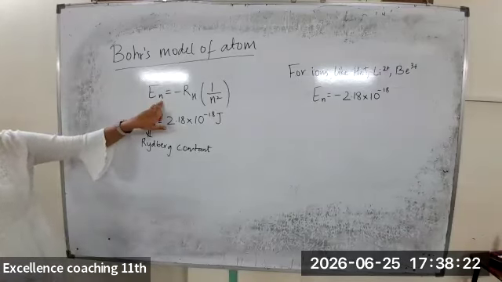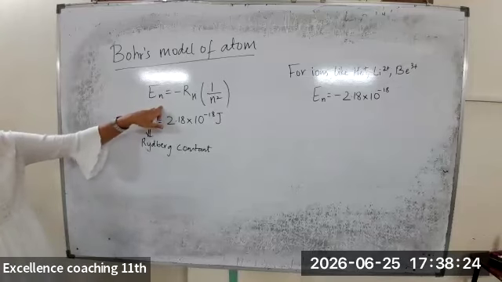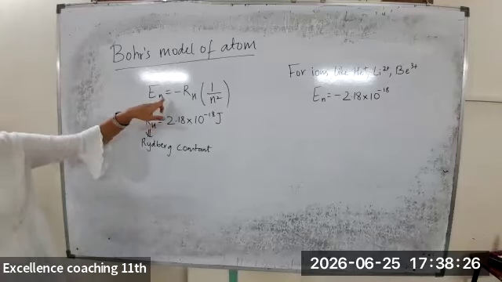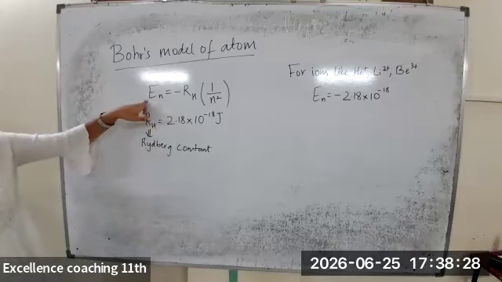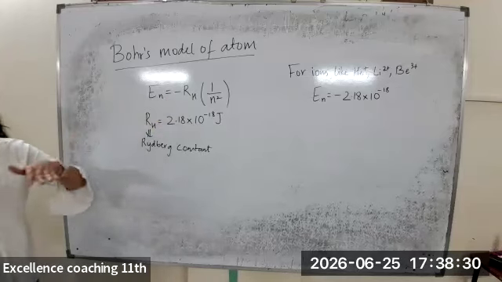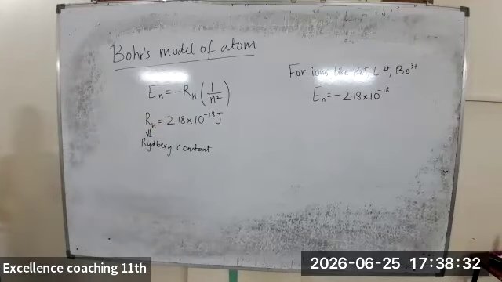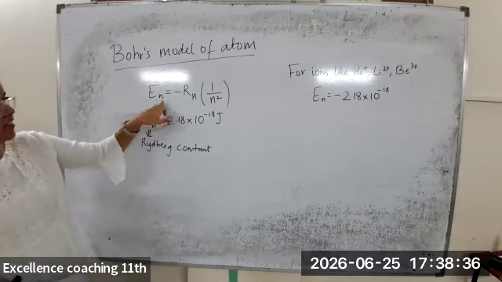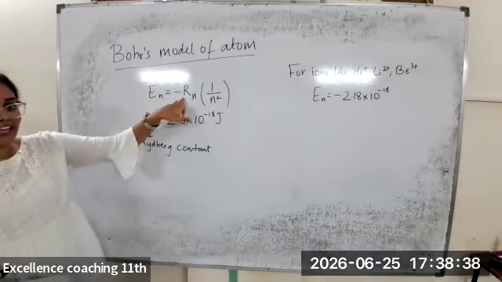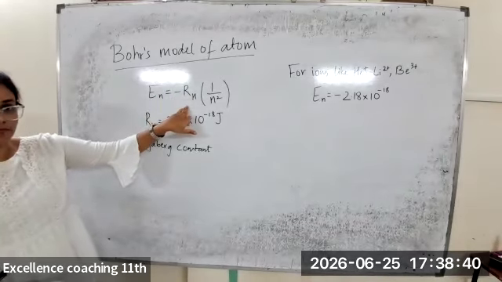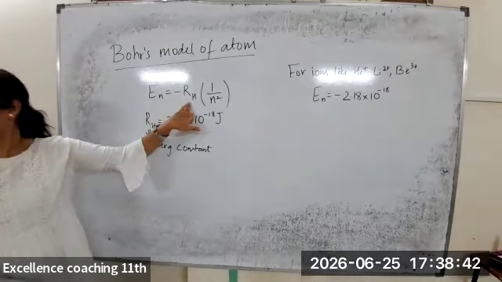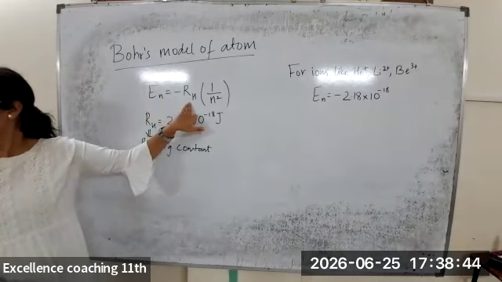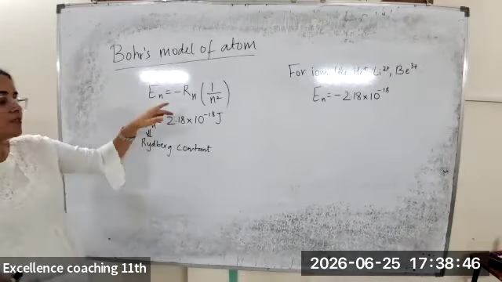So n can be like 1, 2, 3, any whole number. Basically n, it refers to which energy level, like E1, E2, E3, like that. So E n is equal to minus R H. This will be the subscript. Down is the subscript, top is the superscript.